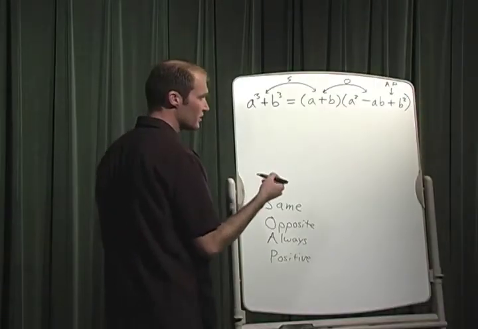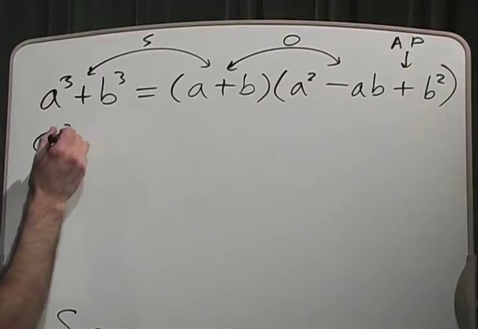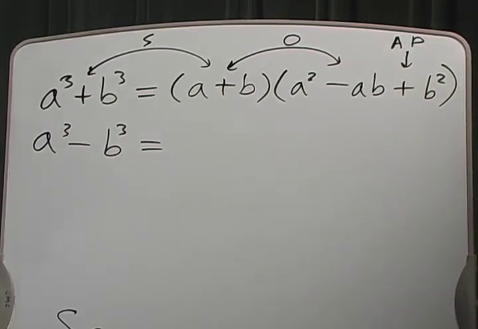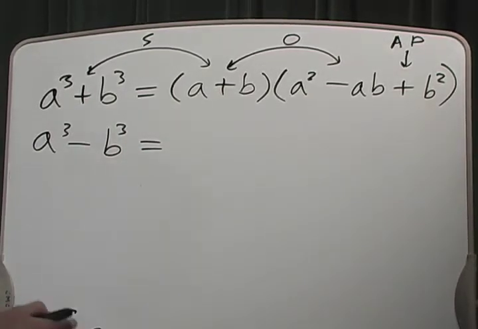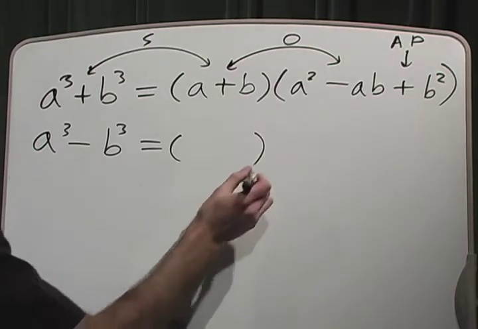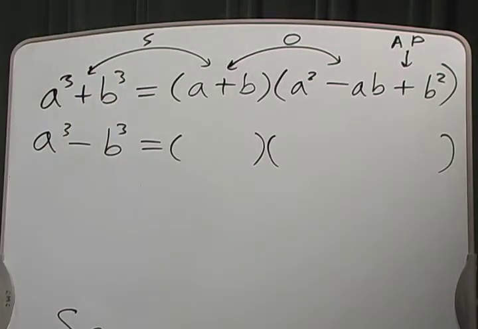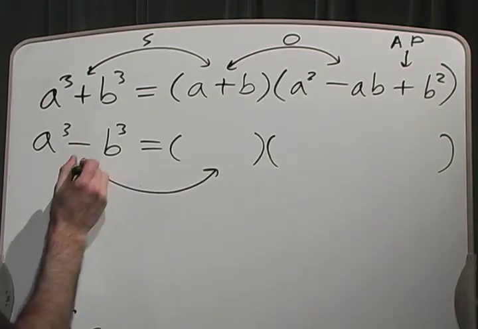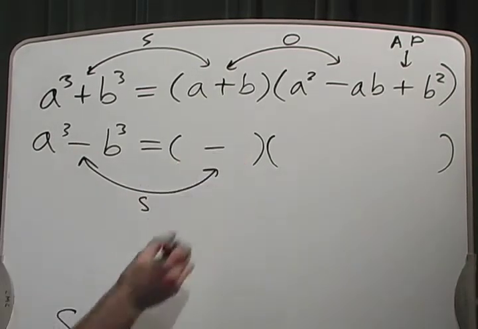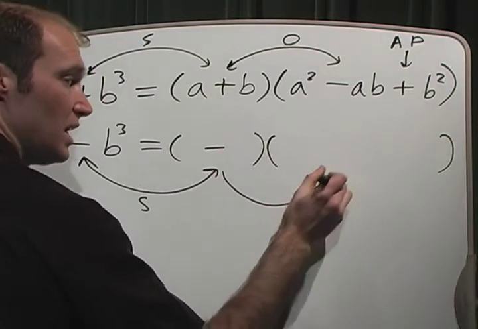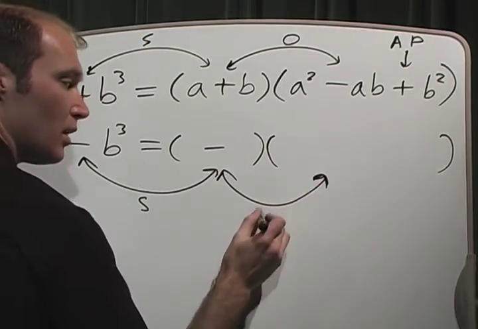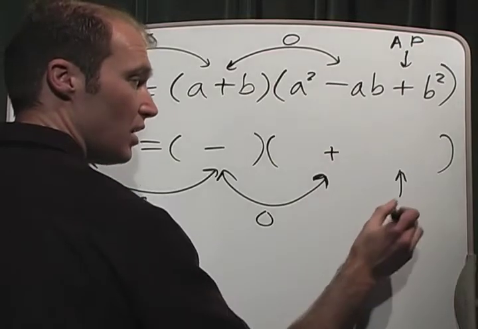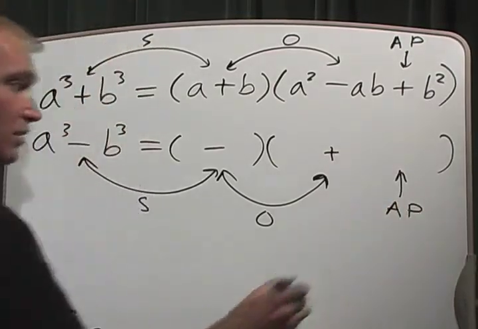Now, it turns out that a cubed minus b cubed follows the same procedure of SOAP. It breaks down into a binomial times a trinomial, and then the signs here are going to be the same. The signs here are going to be opposite, and then this is going to be always positive.